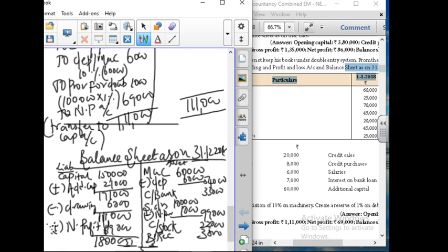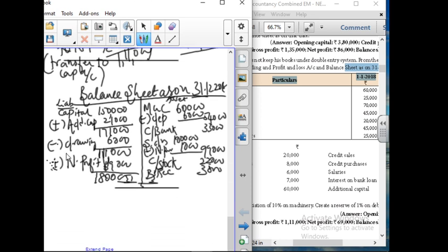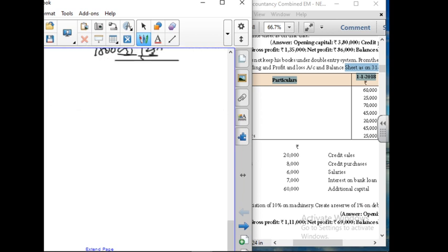Next is the other information on the liability side. We have another information that we have a bank loan and creditors information. Since we don't have space, I am writing it here. Just look into another thing: bank loan amounted to 45,000.